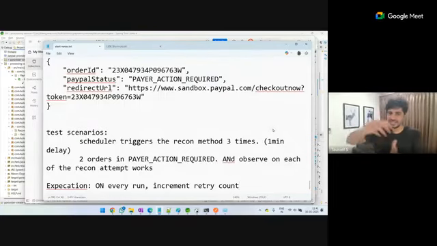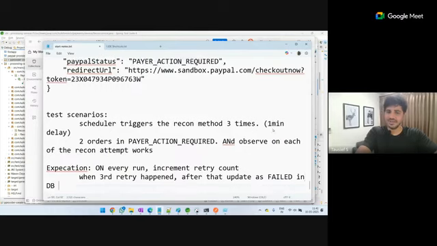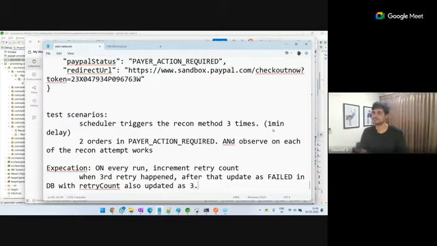The next expectation is that when the 3rd retry has happened, after that we update it as failed in the DB, with the retry count also updated as 3. This is the basic expectation.